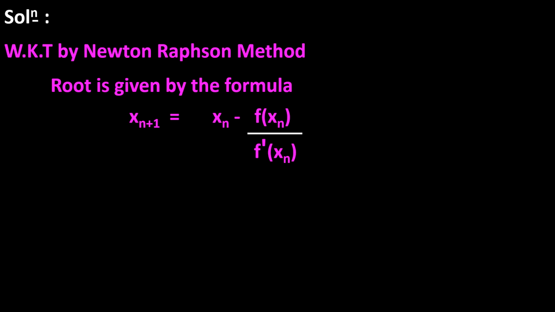Remember, it is just f of xn divided by f dash of xn, where n is equal to 0, 1, 2, 3, 4, etc. We start with n is equal to 0, and they have given the initial value, that is, the root is near to 2, so we consider x naught is equal to 2.